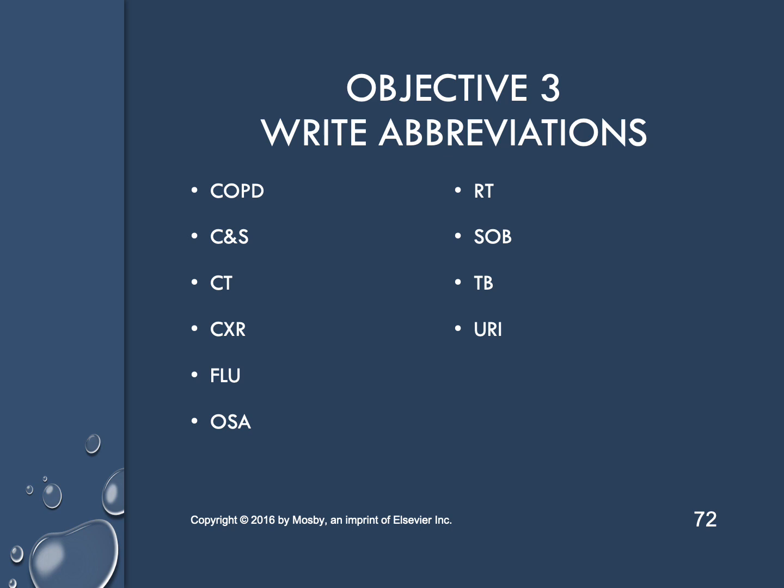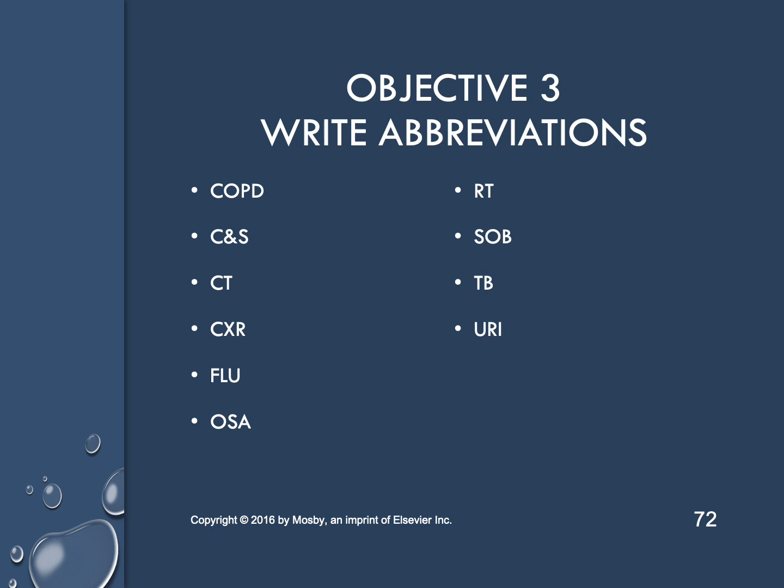If you said culture and sensitivity, you would be absolutely right. CT is how we abbreviate computed tomography, and CXR is how we abbreviate chest x-ray. Now, flu is short for influenza, whereas OSA is short for obstructive sleep apnea.